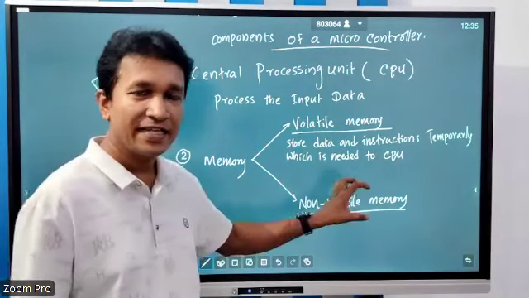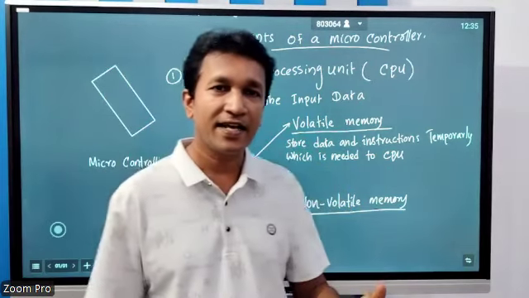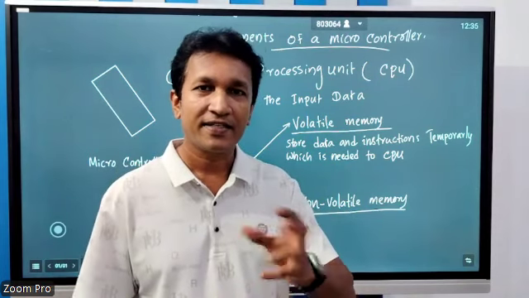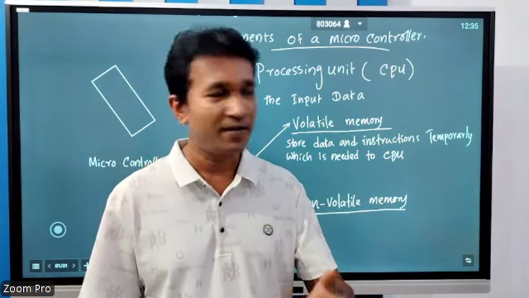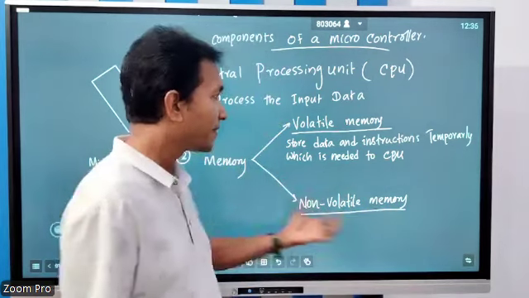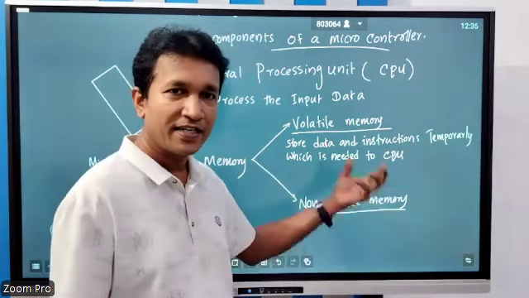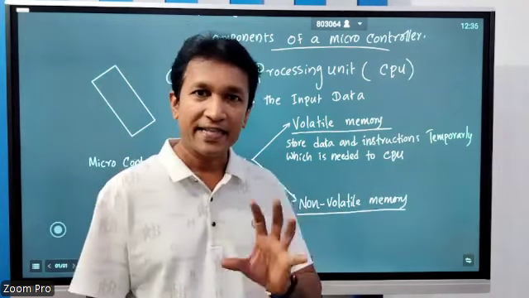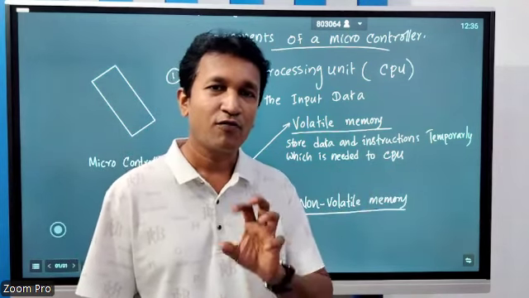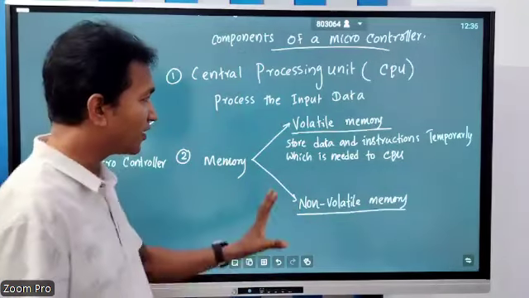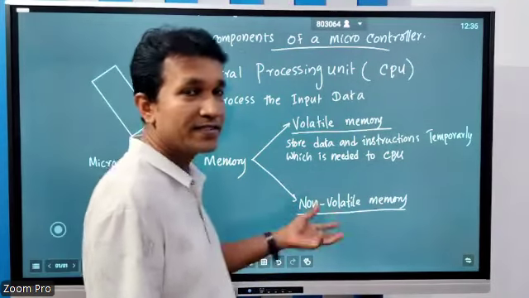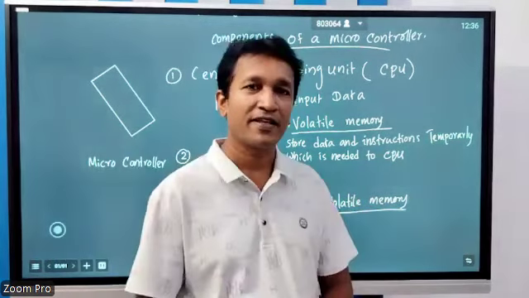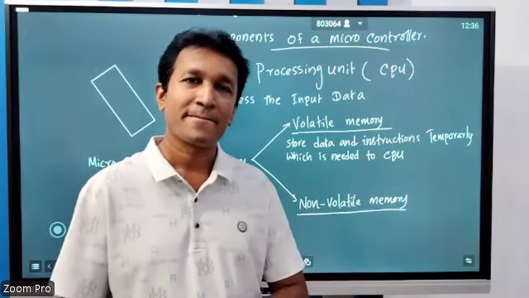Non-volatile means it will not erase the data even if the power is not there. If the current goes or the power supply is lost, does the data in this get erased? No. It will not erase the data, right? That is a non-volatile memory. What kind of things is stored in this memory? Can you tell me?